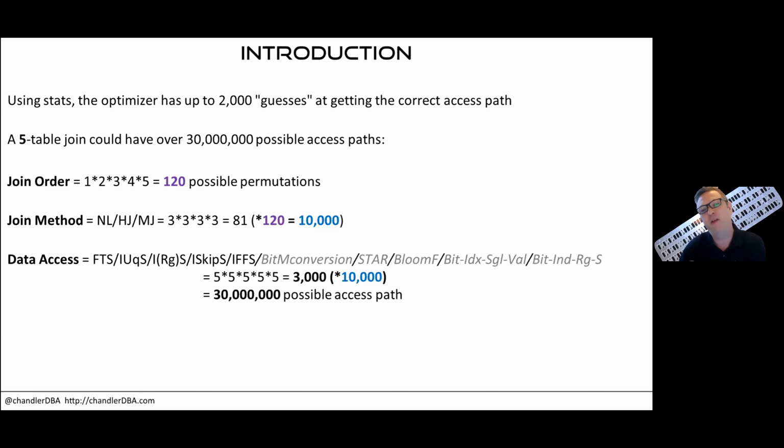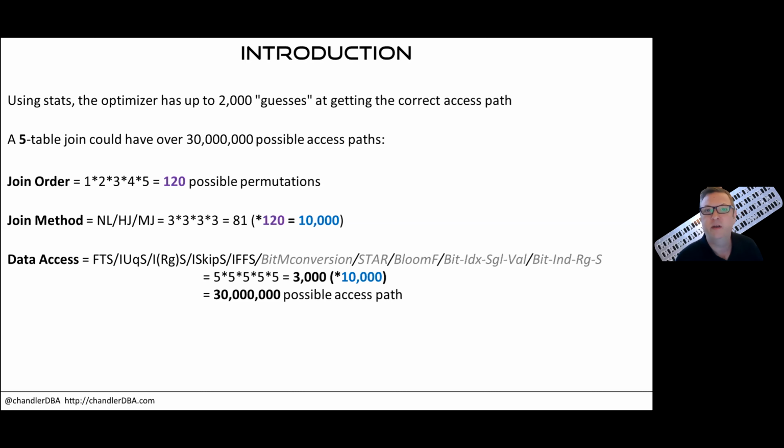But ignoring the ones on the right, we've really got 5. Most tables in most systems will work on the first 5. So that's 5 times 5 times 5 times 5 times 5 potential ways to access the data in each table. That's 3,000-ish. Multiply that by the roughly 10,000 we got earlier. That's 30 million possible access paths.